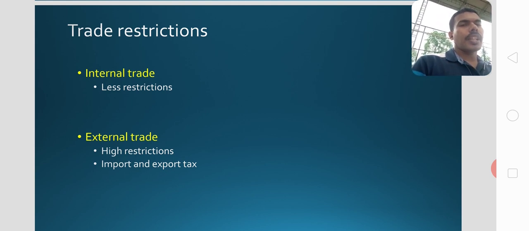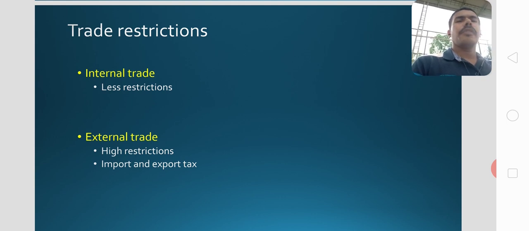It will affect the consumers as they have to pay the price, since taxes will be calculated in the cost of production, so it will be added to the price. That means there are so many restrictions in place for external trade, but for internal trade there will be no restriction or less restriction.